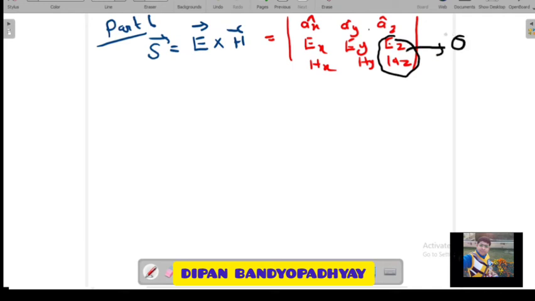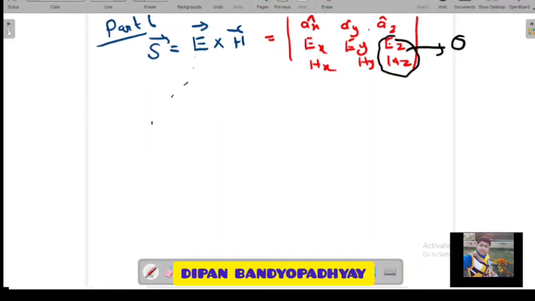There is no component of electric field in the z direction and no component of magnetic field in the z direction. This is quite obvious, as I told you, that an EM wave is transverse in nature, and electric field and magnetic field are always perpendicular to each other, and individually they are perpendicular to the propagation of the wave.